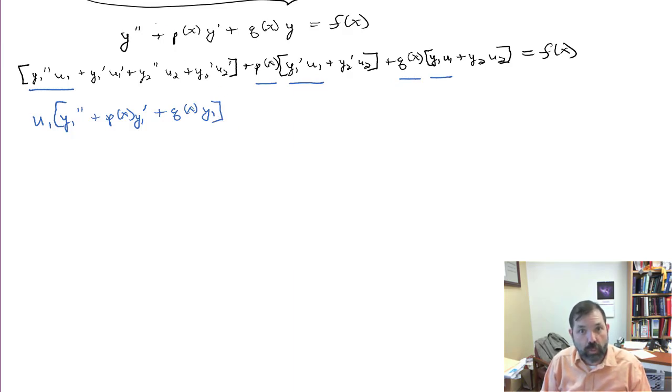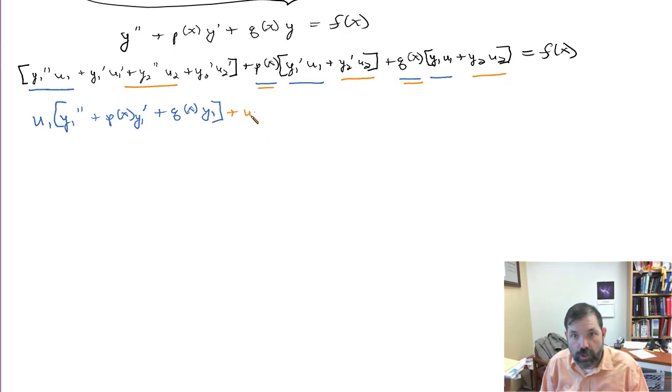Similarly, let's work with all of the terms that have just the u2 associated with them. So I have y2 double prime u2, I have p of x times y2 prime u2, and I have q of x times y2 u2.